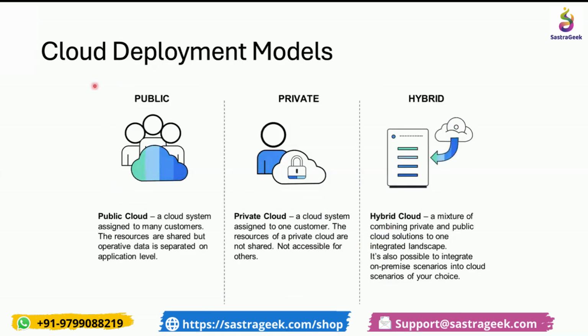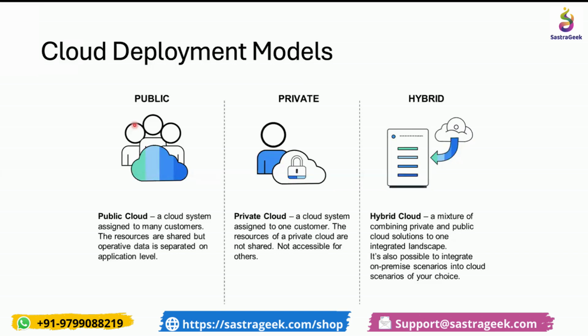The deployment models. So we have 3 deployment models: the public, private, and hybrid. The public would have the resources shared among a cluster of customers, and they all would have access to the system, just that the data would be segregated.